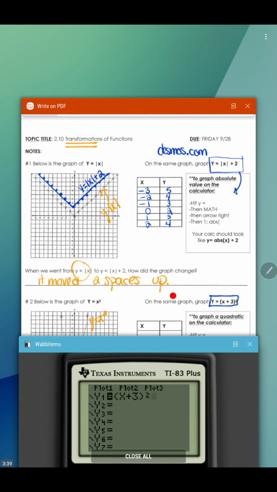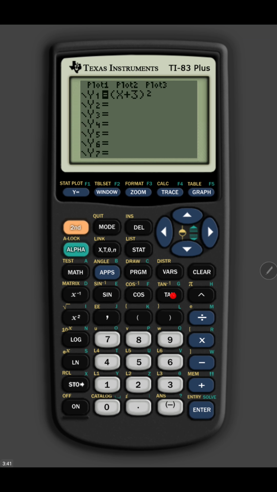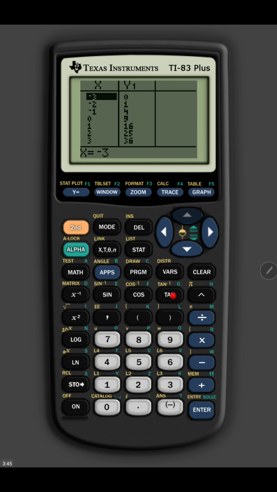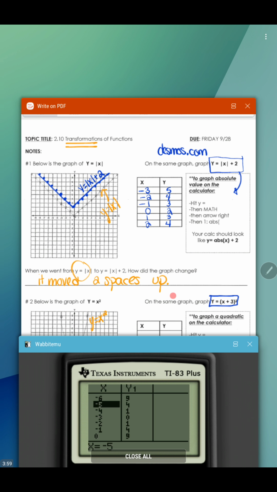That was the function, right? Yes. Alright, let's take a look at our table. Okay, and notice how I went up because these numbers are too big. 16, 25. I don't have that much space on my graph, so I'm going to choose negative 5, 4, because that looks like it's going to fit on my graph.